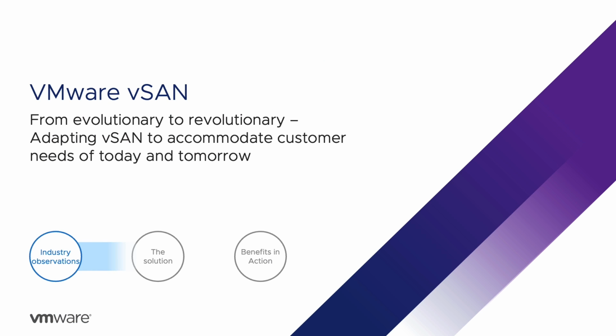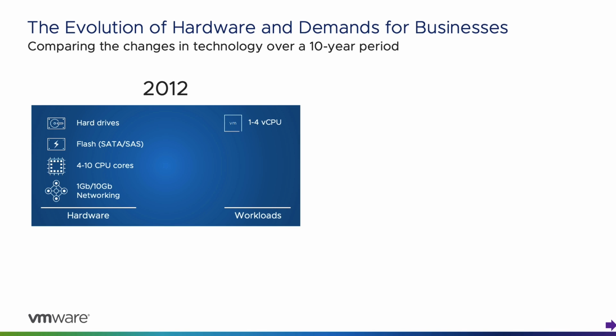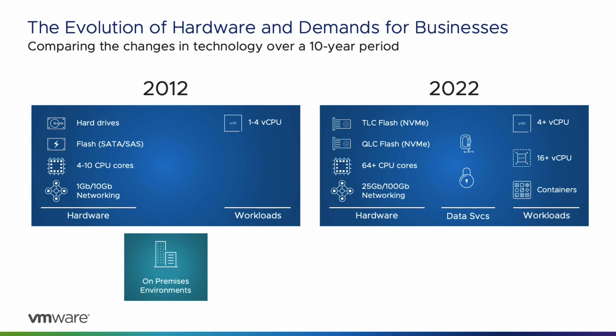To better understand the improvements introduced in this latest edition of vSAN, let's take a step back to understand how technology, the industry, and our customer needs have changed. Let's revisit the state of the industry a decade ago, when vSAN was originally being developed. At that time, spinning disk prevailed as the dominant media type for shared storage through 3-tier and emerging hyperconverged architectures.